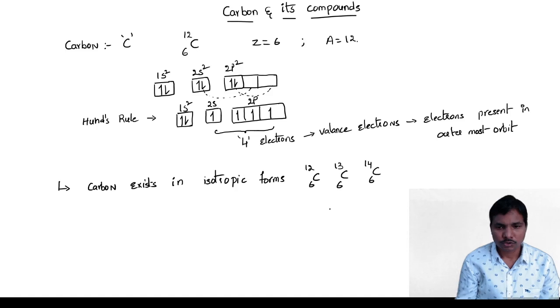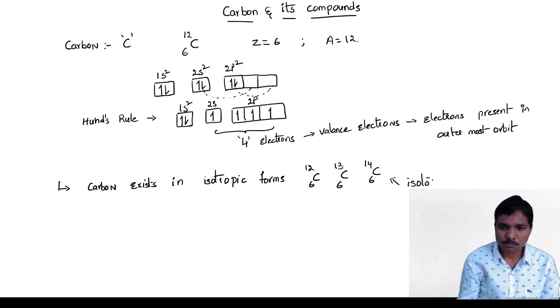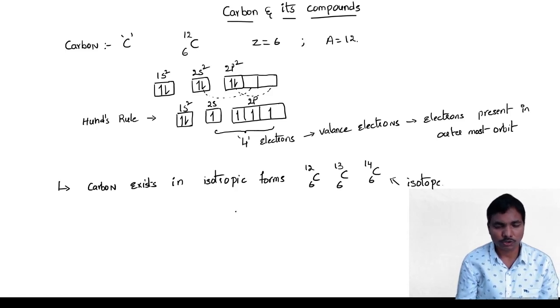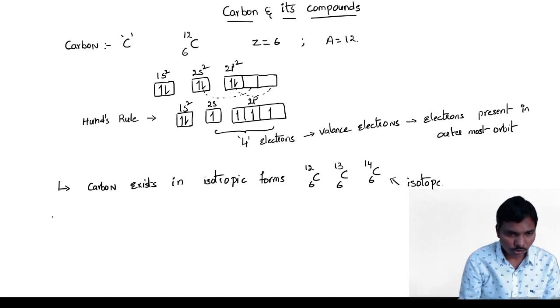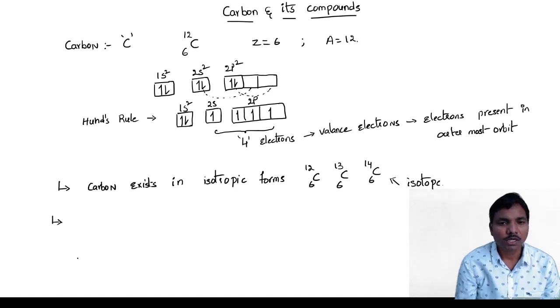So these are carbon isotopes: C6 12, C6 13, C6 14.